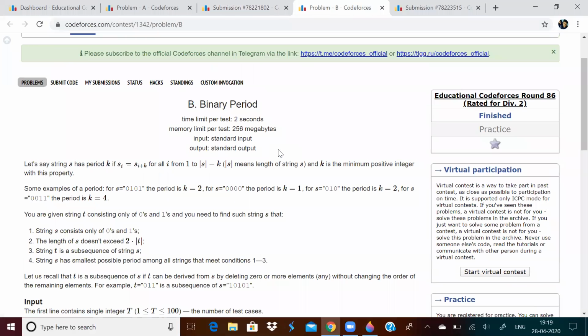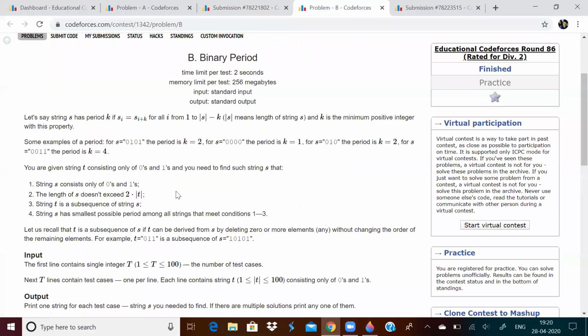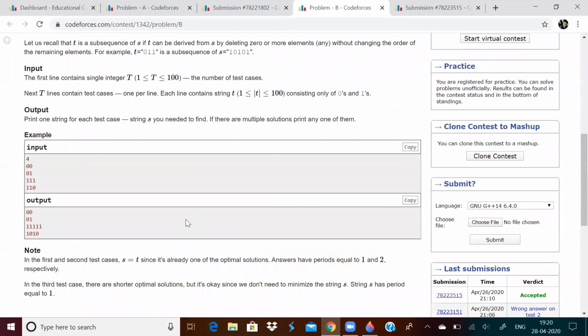Let us see the second one. We have been told there is a string, it has a period k, s of i equal to s of i plus k. k is the minimum positive integer which satisfies this property. They have given some examples, and we are being asked to find a string t which is a subsequence of s and follows these conditions. Basically, when you see this problem, you will not understand, but it's actually simple.